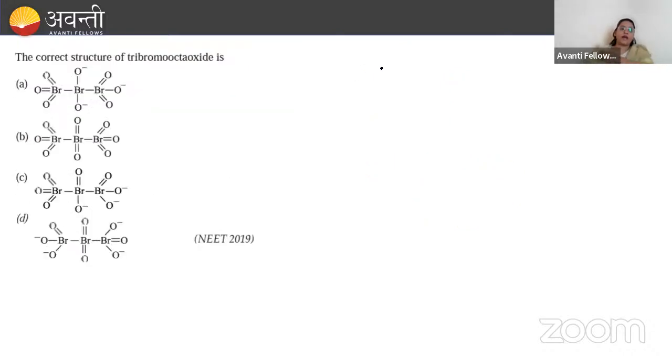The correct structure of tribromo-octa oxide is... So here we need to find the correct structure for tribromo-octa oxide. You can see there are 3 structures, and in this second structure there is no charge. That is, this species is neutral.